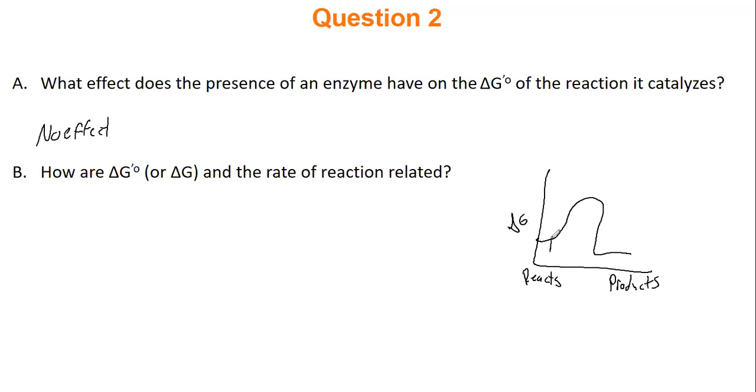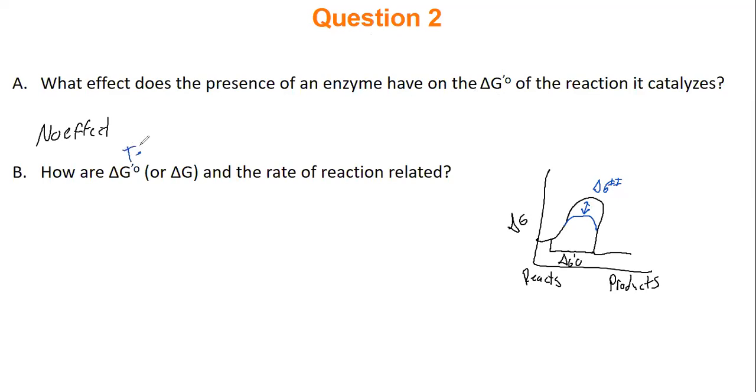The difference between those two heights is delta G naught prime. That's the free energy of a reaction. All enzymes do is lower the activation barrier. So an enzyme will lower this delta G double dagger, if you remember those terms. So it has no effect on the free energy of a reaction.